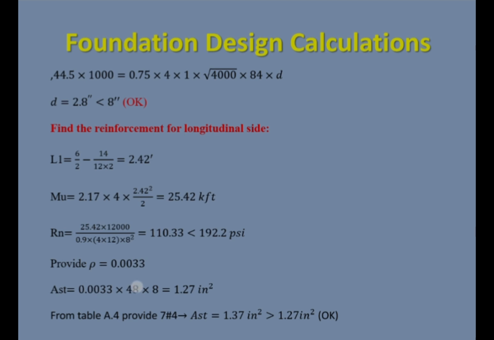We take the ratio, multiply it by the cross-section area of the foundation. After that, from table A.4, we can see that 7 number 4 bars will give us an area of 1.37, which is more than the needed, therefore it's okay.